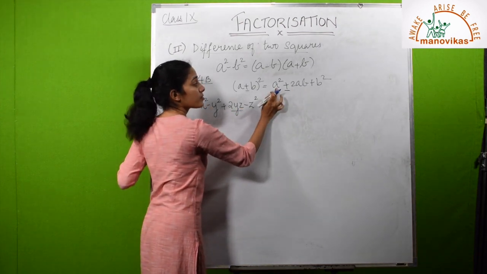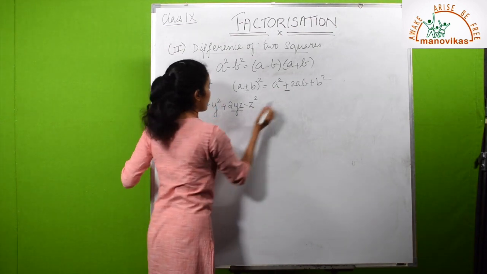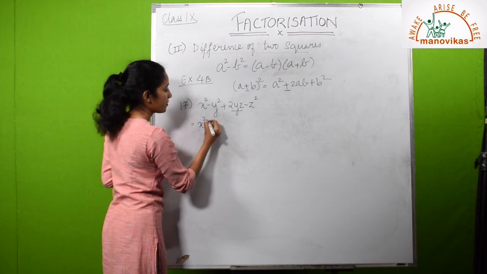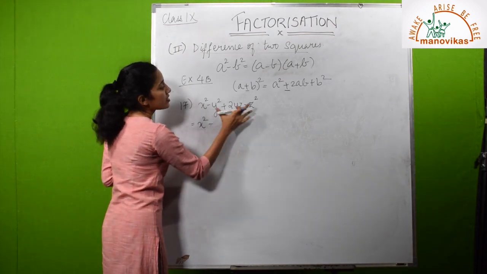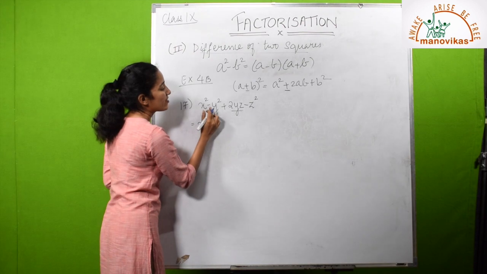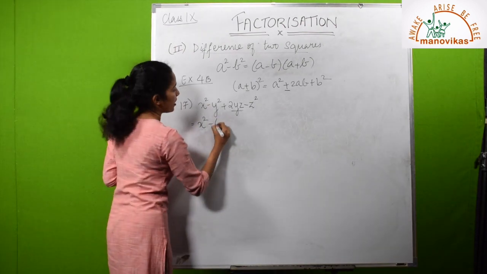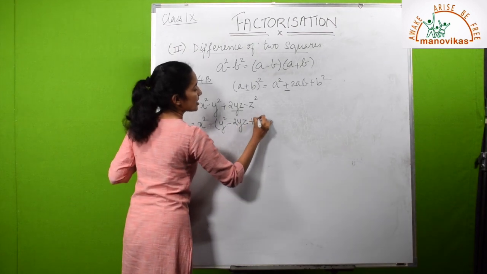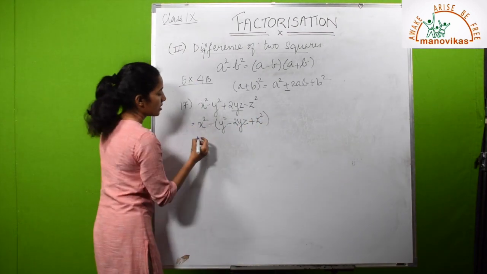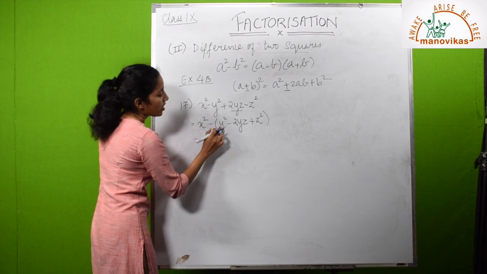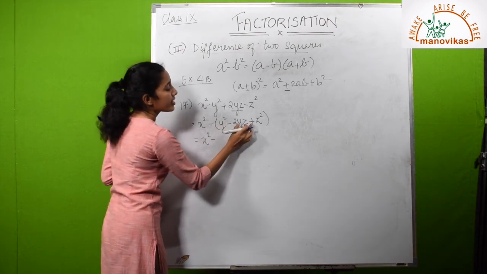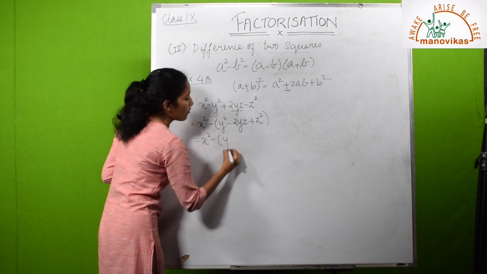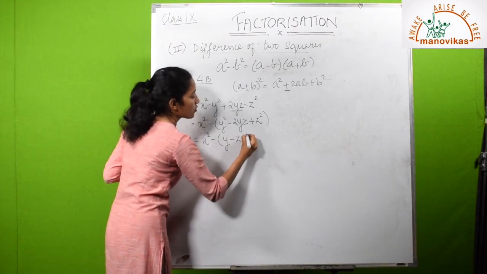You will require terms of y squared and z squared, which are already here. So you group them together. So you have x squared minus, now this is one group, from which I will take a negative sign common. So I have y squared minus 2yz plus z squared. This is nothing but the expansion of y minus z the whole square.